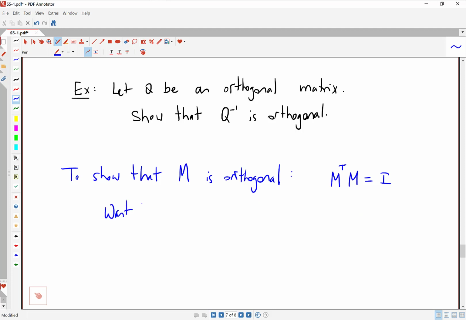So what we want to show is that if we take Q inverse and transpose it, and then multiply it by itself, Q inverse, we get the identity matrix. If we can show that this equation is true, then we have shown that Q inverse is an orthogonal matrix.